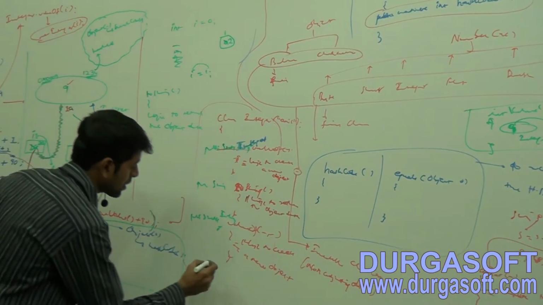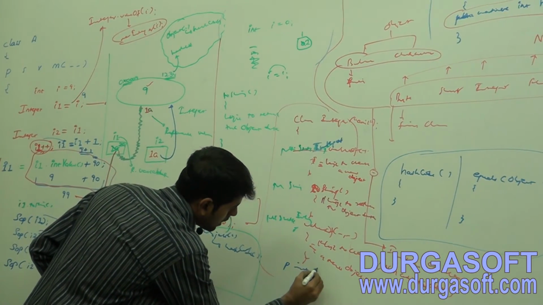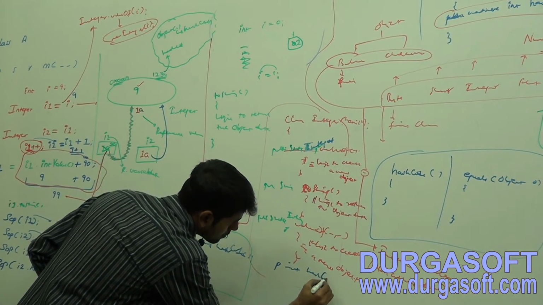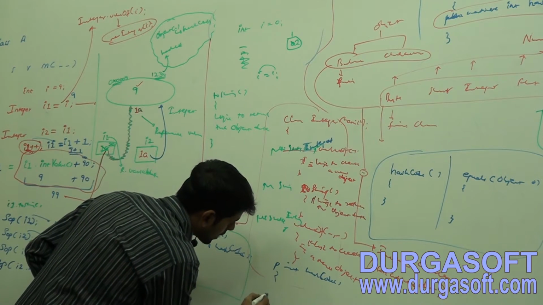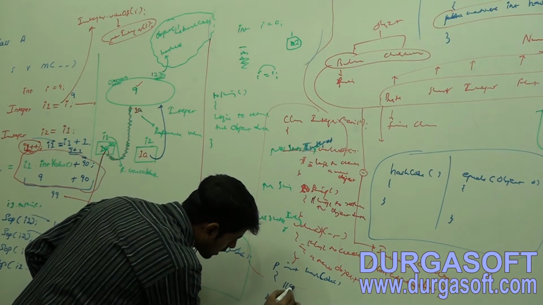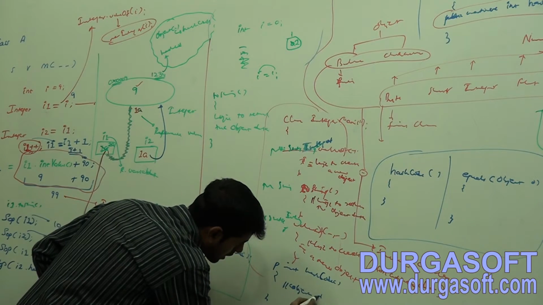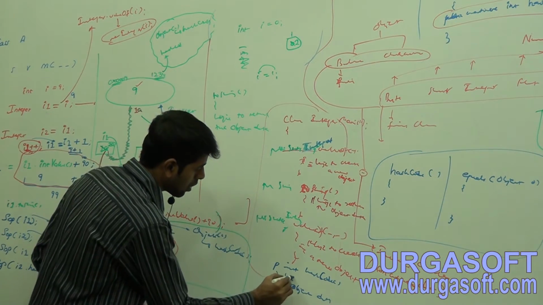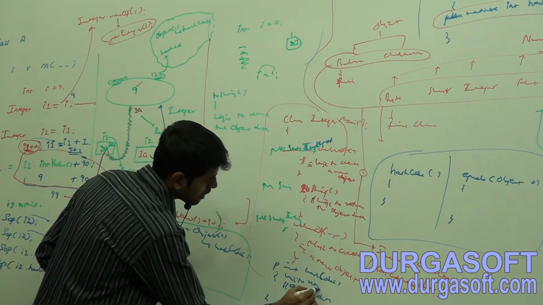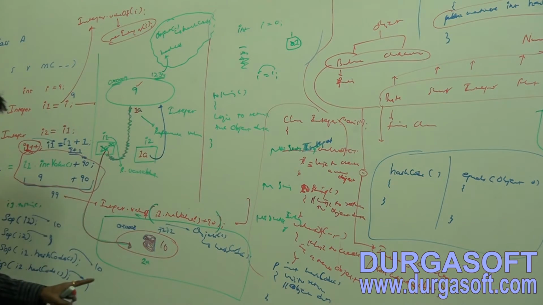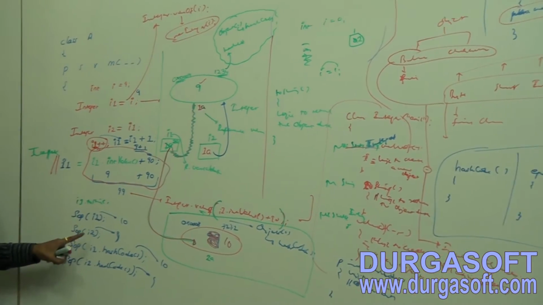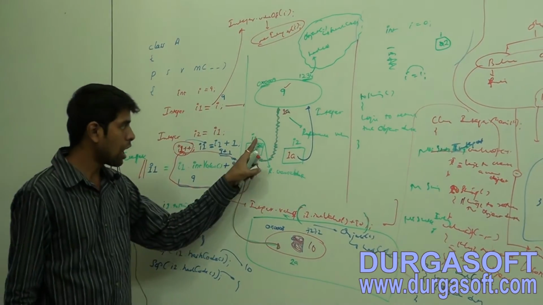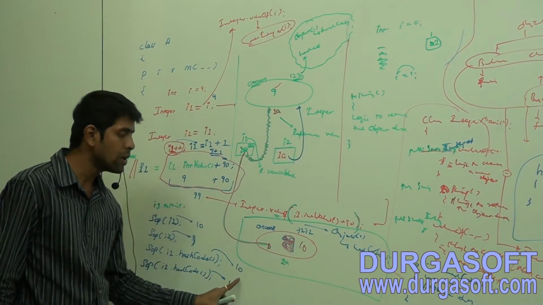Here they have overridden the hashCode method to return the object data only. Now what is this? I1 object data is 10, so 10.